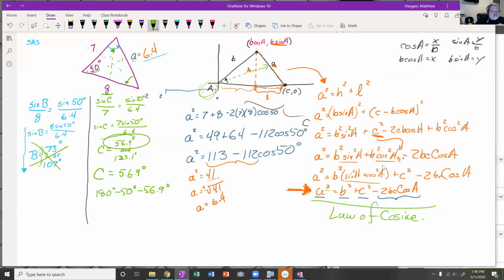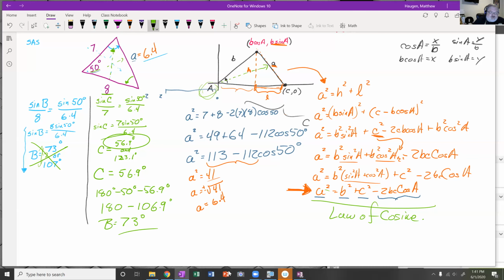And what does it come out to? 180 minus 106.9. Well, clearly that's 73 degrees, right? So hey, in this case, the acute was correct. But we didn't know that. It's quite possible that the 107 could have worked.